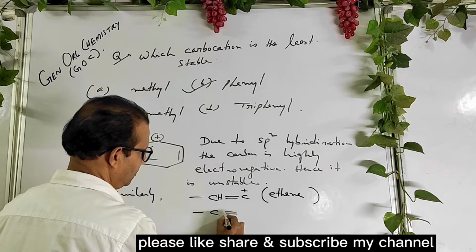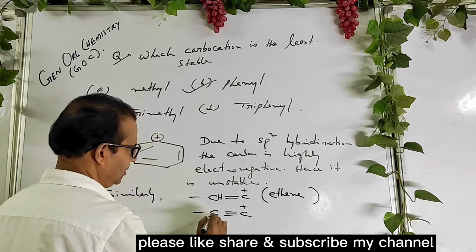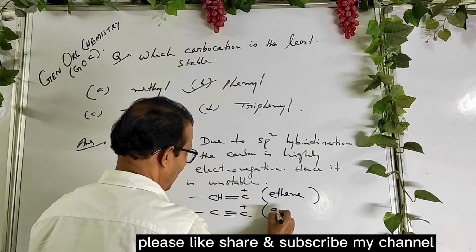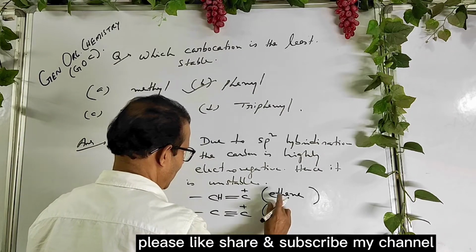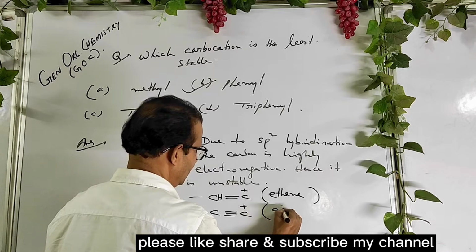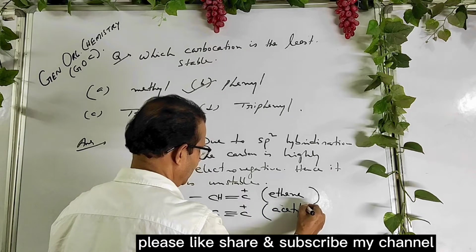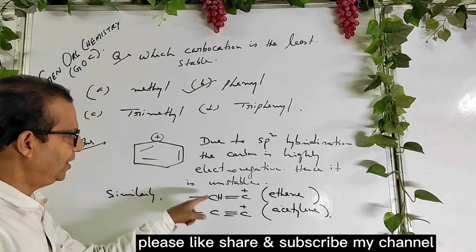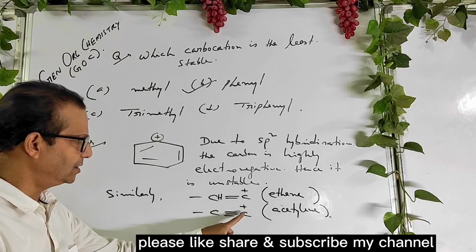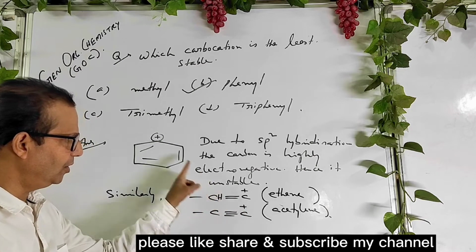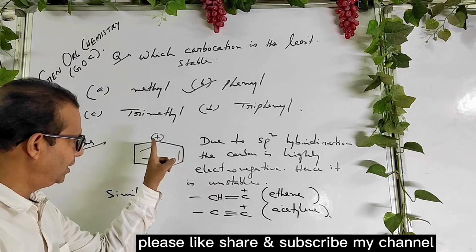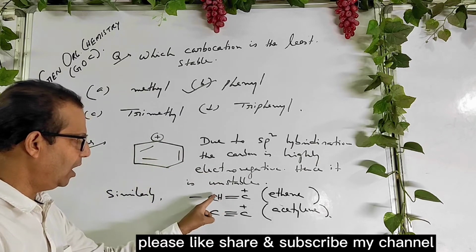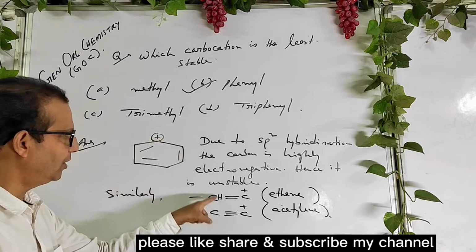C triple bond C positive, least stable. This is the acetylene carbocation, least stable. So remember it, if any carbon carries multiple bonds, double or triple bond, they are least stable, short-lived, because the carbon is highly electronegative in nature.